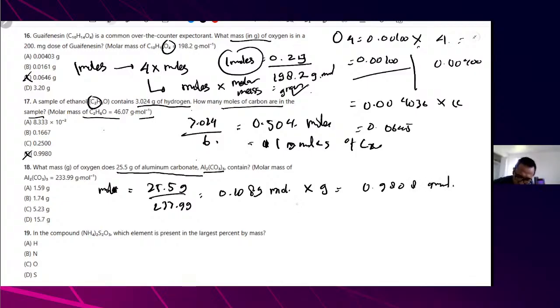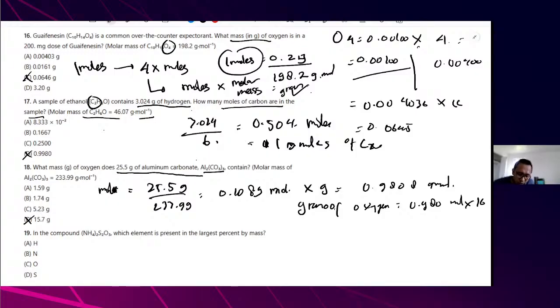Then the question is grams of oxygen, so moles times 16 gives 15.7. Okay, good. The answer is 15.7.